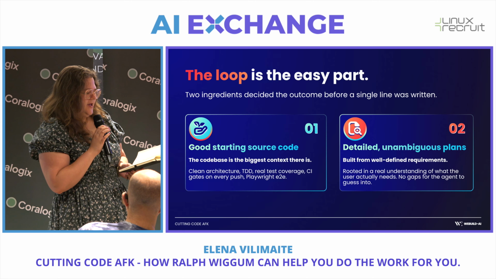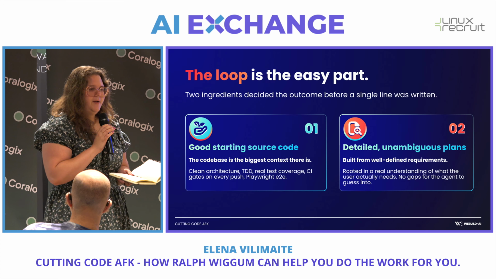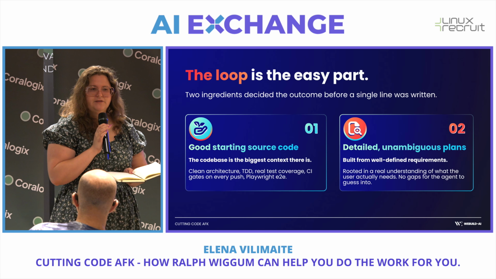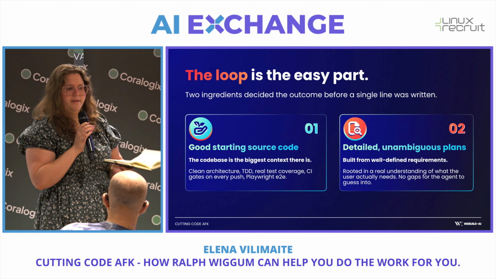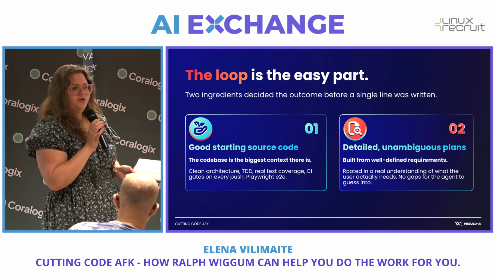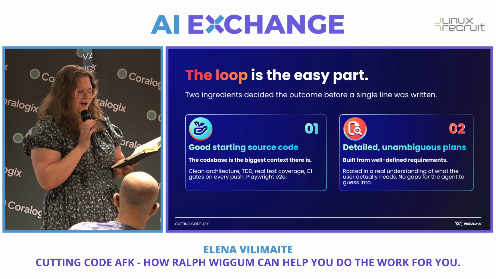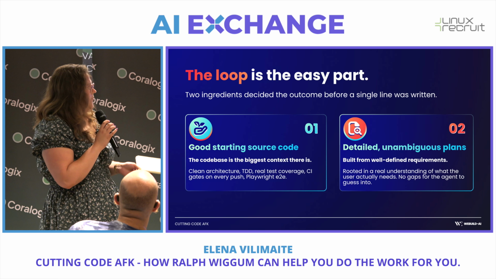So the first part is you need to start with a really good code base. So make sure you eliminate any tech debt that you have. If it's a fresh project, implement at least one endpoint that will basically show off the pattern that you want. Make sure you have tests, because it will take inspiration from your repository.